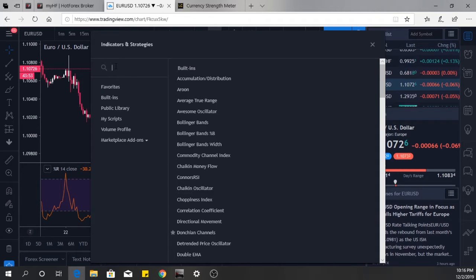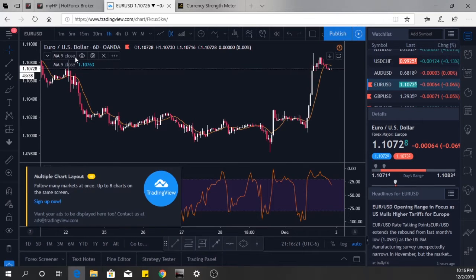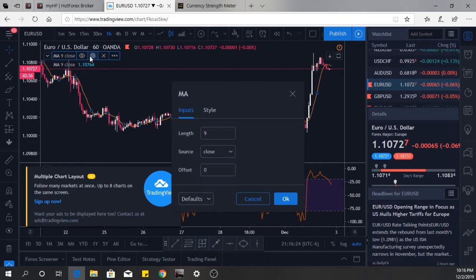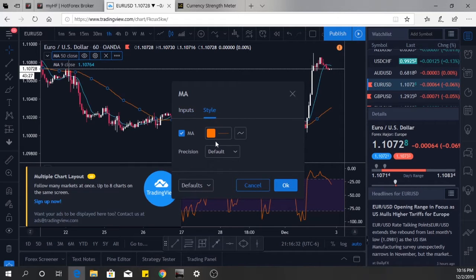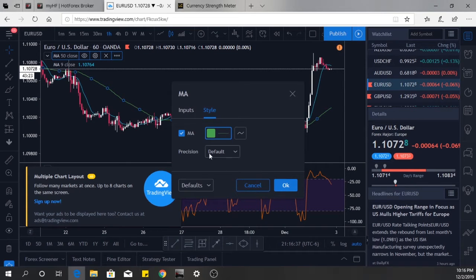Now let us find the MA. I'm using TradingView, so I'm going to add two moving averages. Going to go to settings, put this length to 50. I'm going to make it green. I'm going to change the thickness of the line.